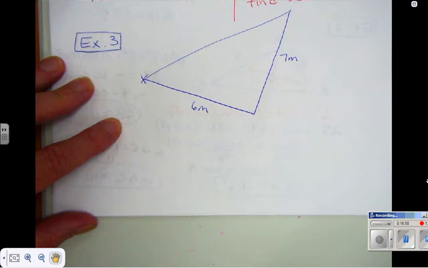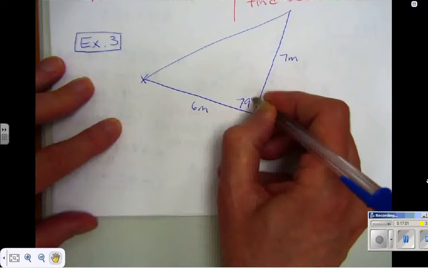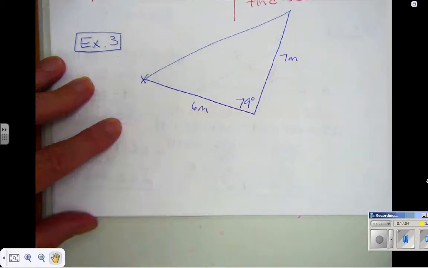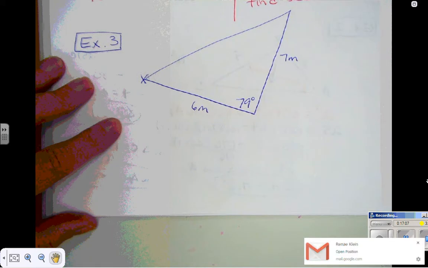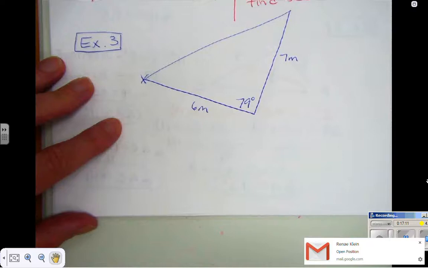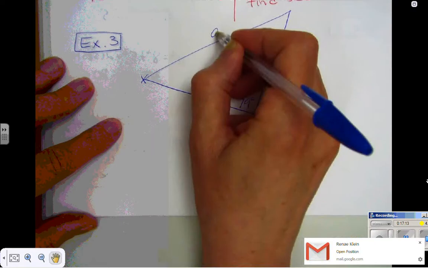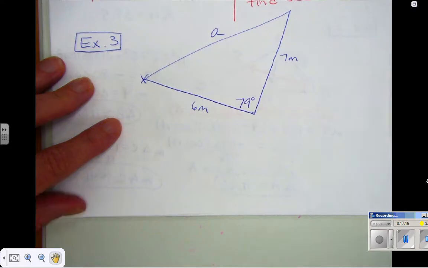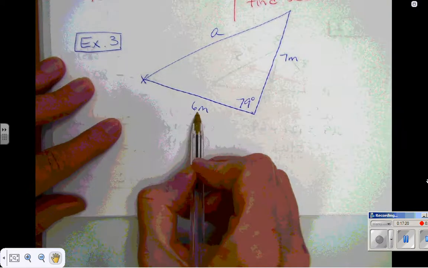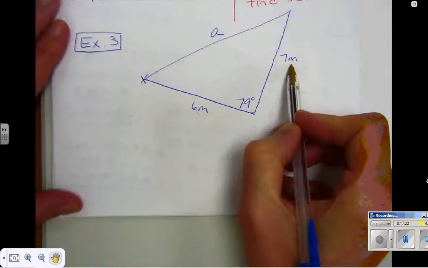And this angle right here is 79 degrees. Okay, so would I want to use the law of sines or the law of cosines? Law of cosines. So I'm going to call the side across from the angle side A. And it doesn't really matter which is side B and which is side C, as long as I'm consistent when I'm plugging stuff in.